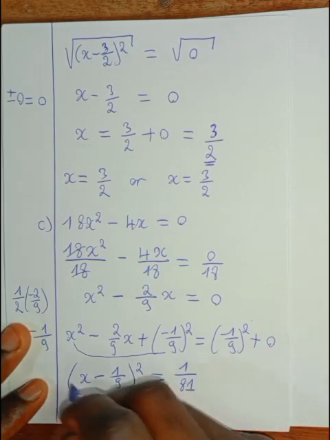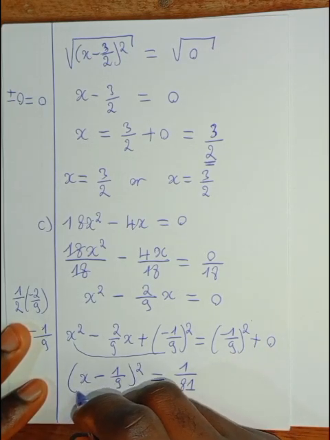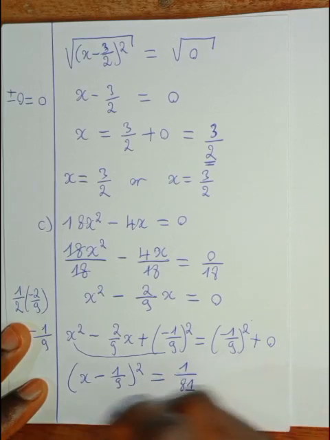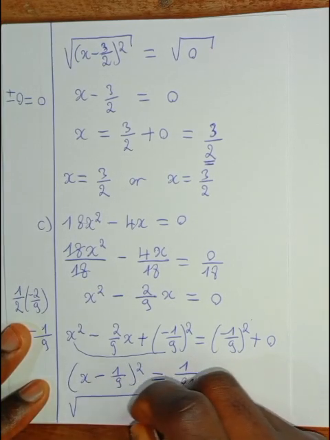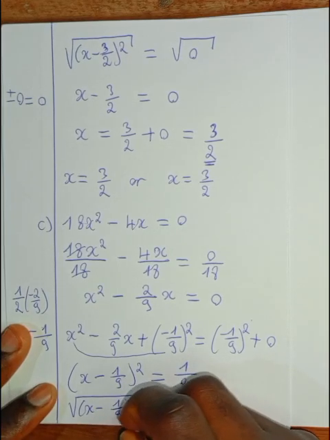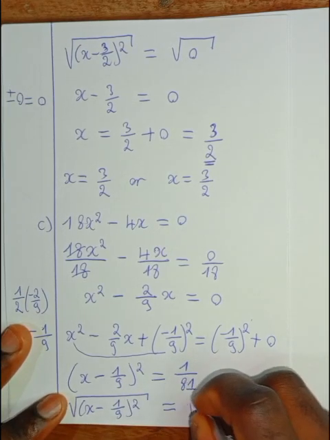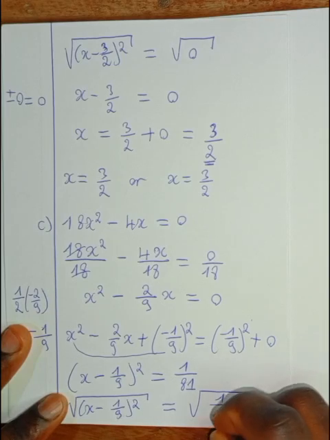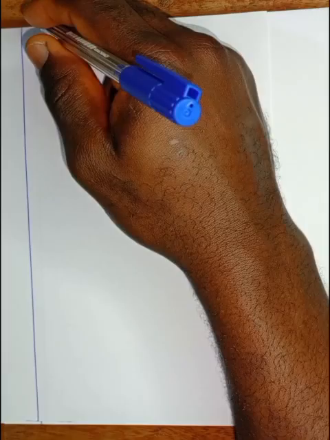Then the next step, we are going to take square root at the left hand side and at the right hand side. This will give us the square root of x minus 1 over 9 squared is equal to the square root of 1 over 81.